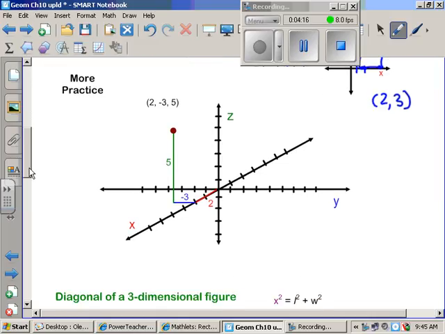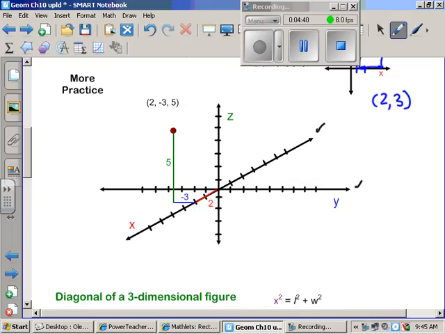Okay, so here's my XY axis. Basically I took this X and this Y, and you're looking at it from the side, and you're putting Z in, going up and down.